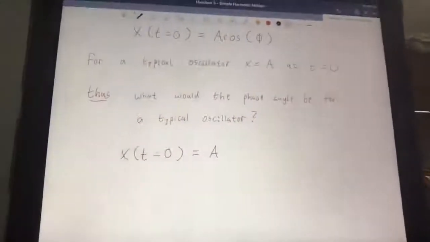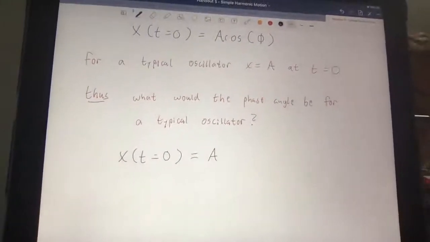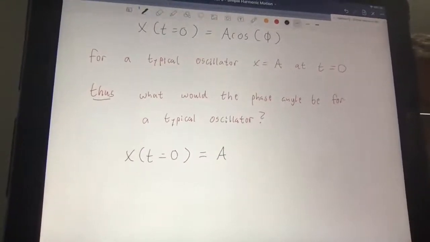Yes, it's 0. Okay, thank you. Good. Let me show you why, and you'll see it will make sense. Because it's a function, right? For x to be A, that would be like setting A equal to A cosine phi. This is what we're saying: a typical oscillator at t equals 0, its position is its amplitude, right?